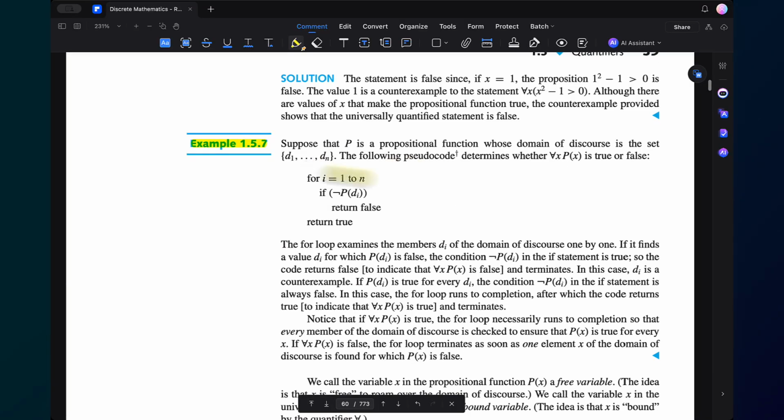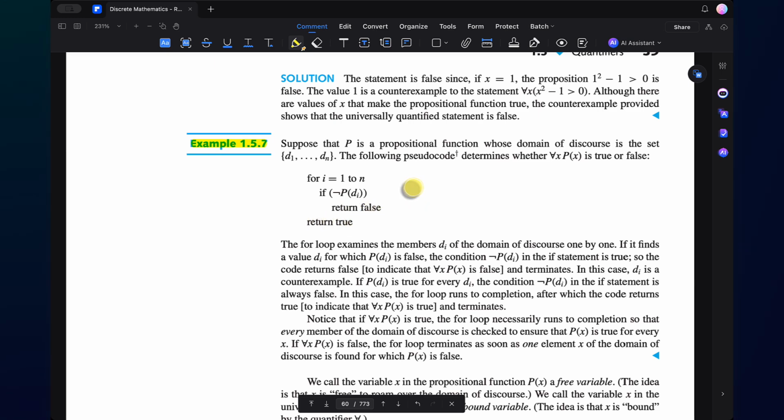This is just a little code that would determine whether something is true. Suppose that P is a propositional function whose domain of discourse is the finite set D1 through Dn. The following pseudocode determines whether for all x, P(x) is true or false. For i equals 1 to n, if not P(Di) returns false, then you return true.